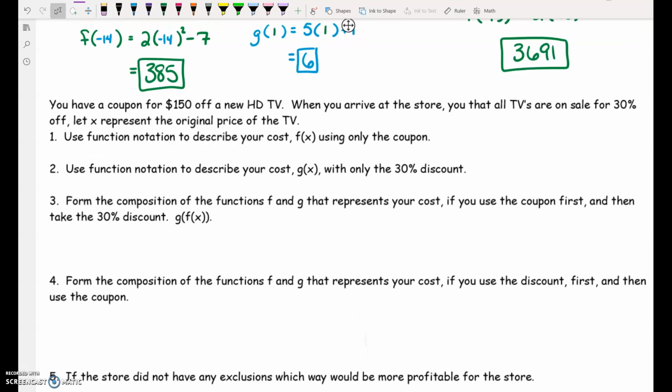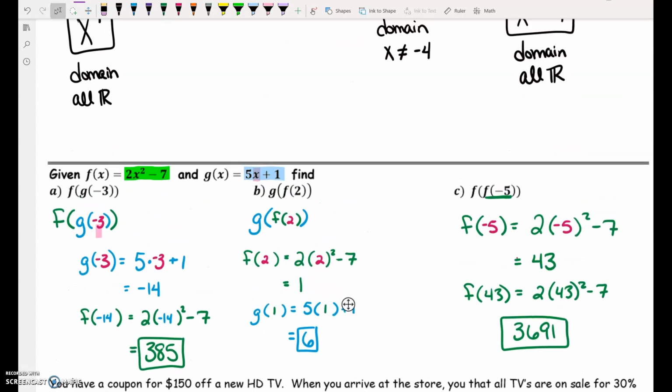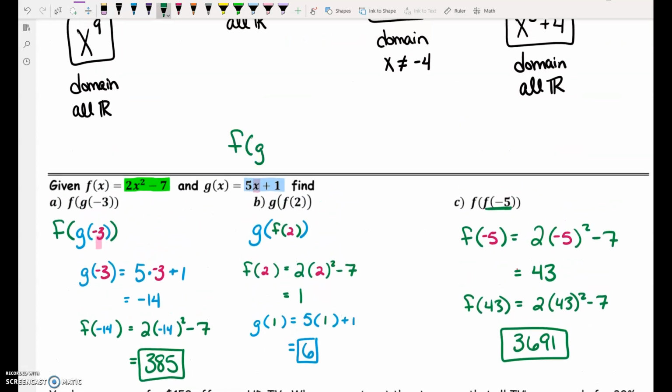Because one of the things that we didn't talk about here is that f of g of x is not the same as g of f of x. The order that you plug those functions into each other really matters, and it creates different functions. So the order is important. That's really what I want to get at with that.